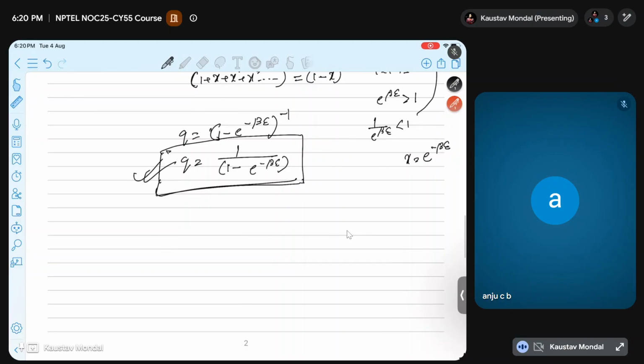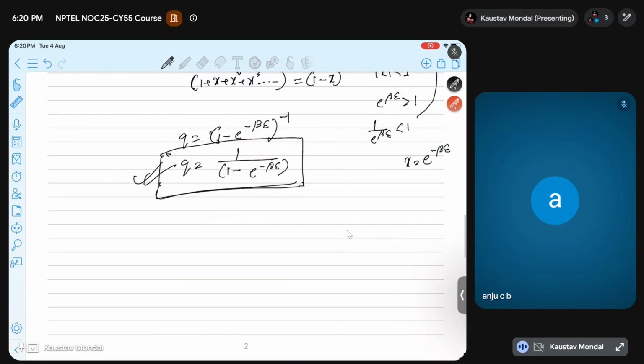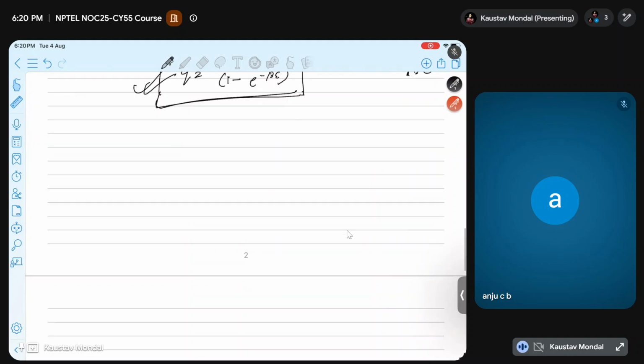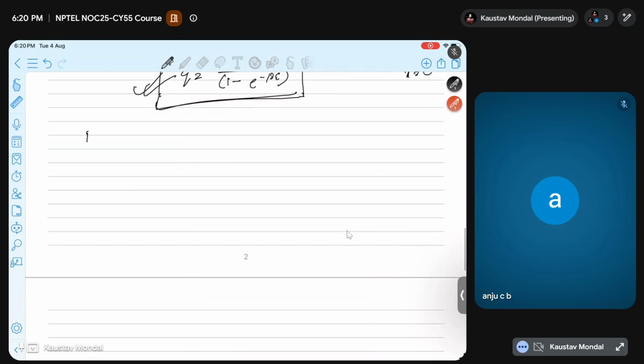Now, if you know the partition function, you can easily calculate the probability distribution, or the fraction of particles distributed in the ith energy level. That expression is given by pi, which is ni by n, that is e to the power minus beta Ei by q.